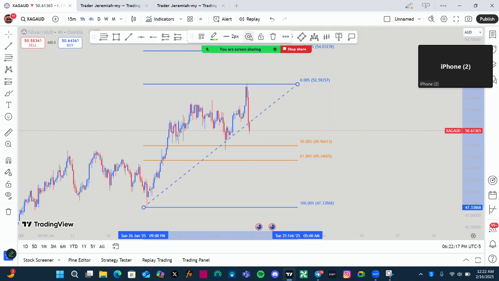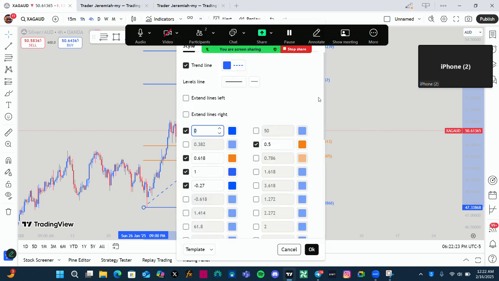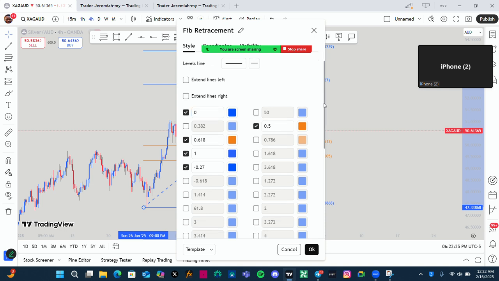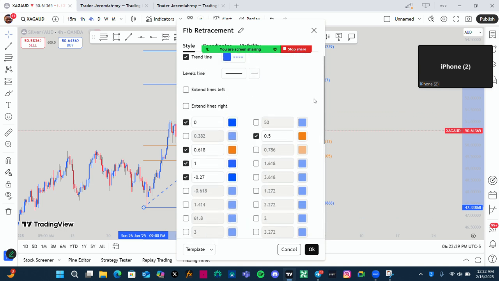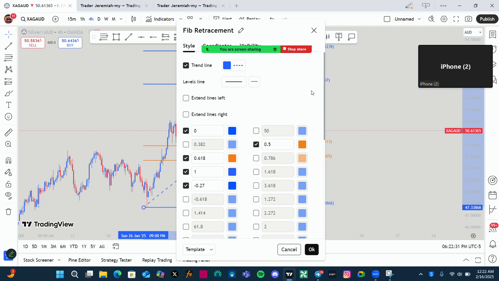Oh, you're going to fix up the settings of the Fibonacci? Yeah, the setting, like I just want to see the one you showed me on Telegram. Oh, that is good as well, but maybe let me take a picture of it. Maybe I just send it to you so you can cross check if it was the same thing.